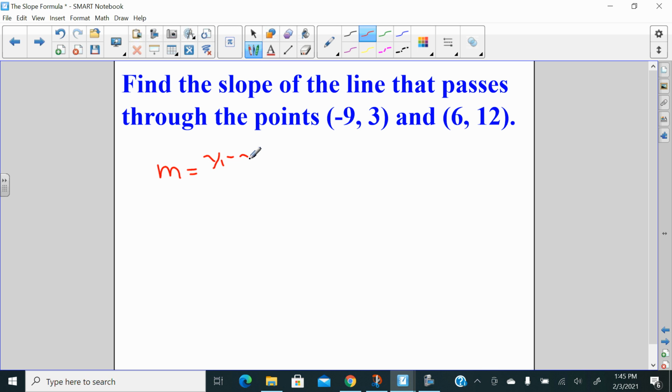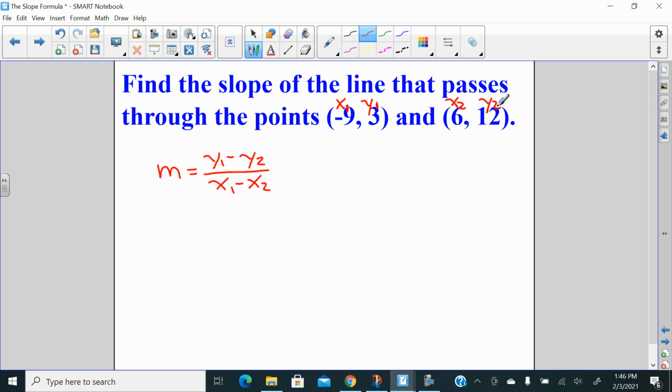So I'm going to do y1 minus y2 on top, and x1 minus x2 on the bottom. I'm going to go ahead and label them since this is your first day seeing this. That would be my first x. This would be my first y. Here's my second x. Here's my second y.